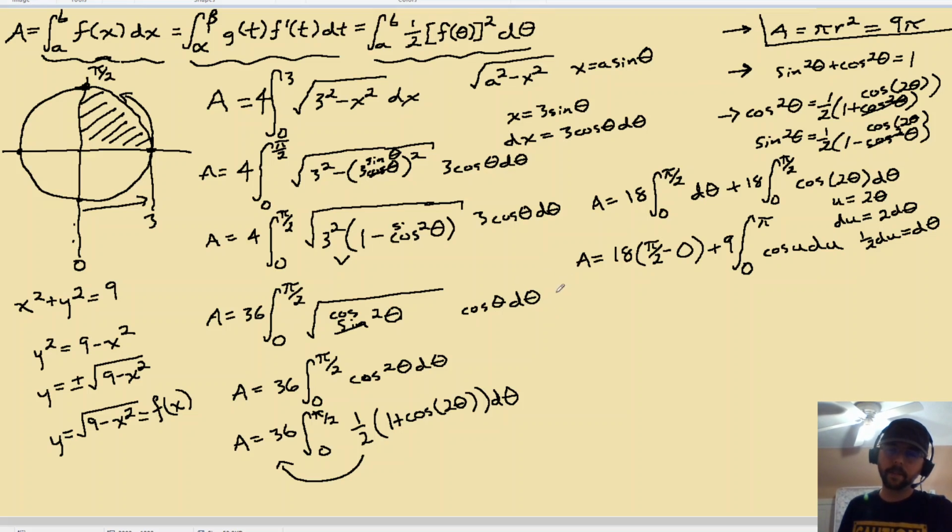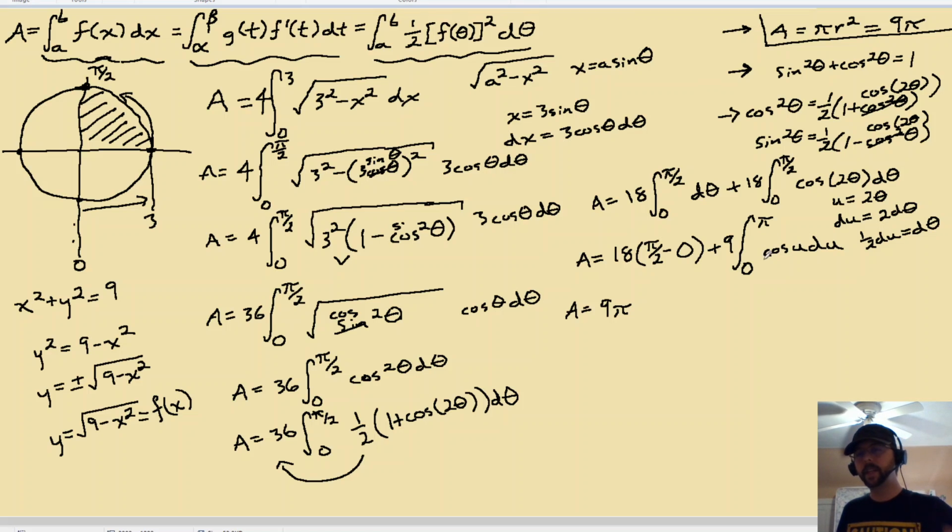So we have area equals 18 divided by 2 is 9. 9 pi minus 0 plus, so I'll go ahead and fill this in.